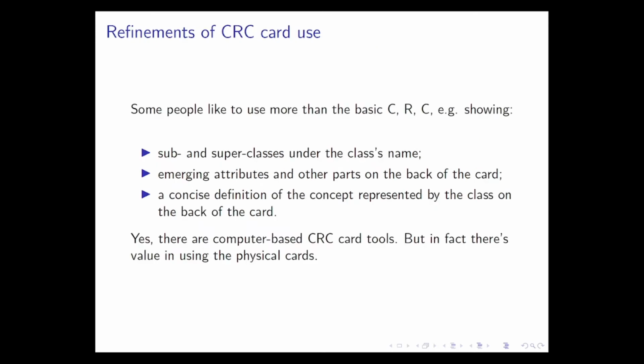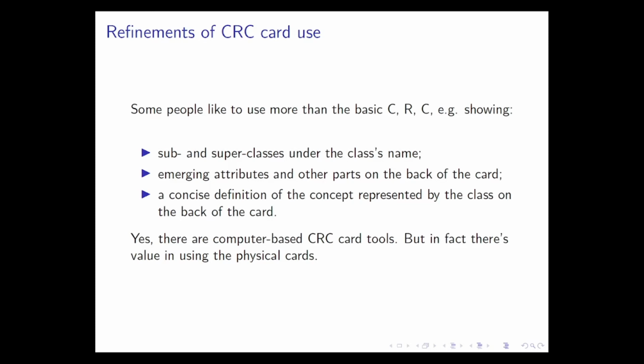A few refinements. Some people like to use more than the basic C, R and C, so they might, for example, like to show sub and superclasses, in which case they might be listed under the class's name. Sometimes people like to put more detail, for example, emerging specific attributes on the back of the card. It doesn't usually work to mix up specific attributes and specific methods with the high-level responsibilities on the front of the card, so it's helpful to keep them on a separate part of the card.